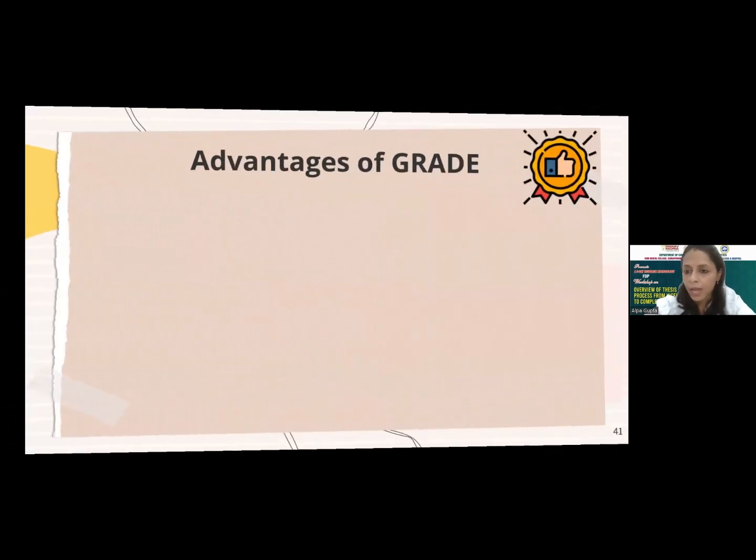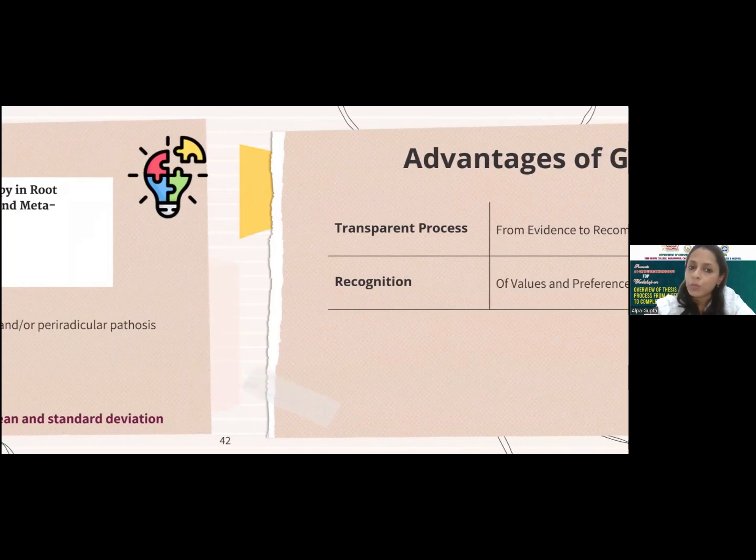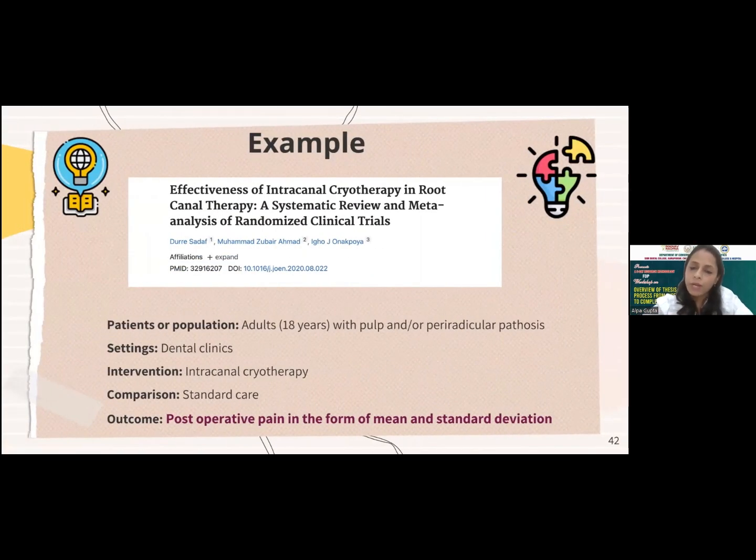A transparent and stepwise process from evidence to recommendation, and also it considers the values and preferences of the patient towards the treatment or towards the intervention. So I will explain how to apply GRADE on GRADEpro GDT with an example.